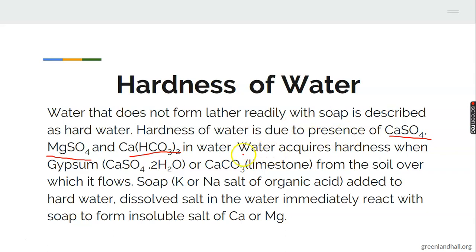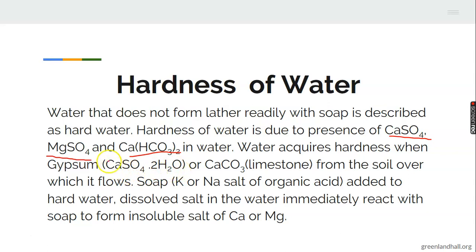We can explain that when water flows on soil having gypsum. Gypsum is calcium sulfate dihydrate, CaSO4.2H2O.